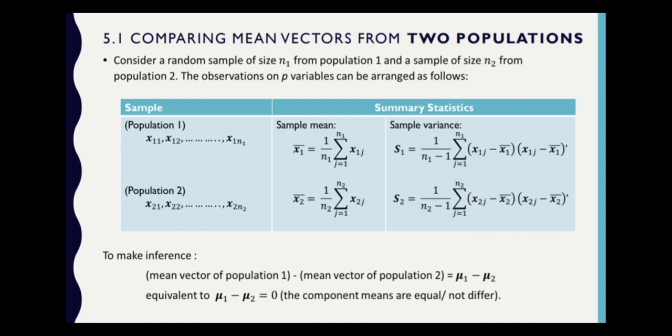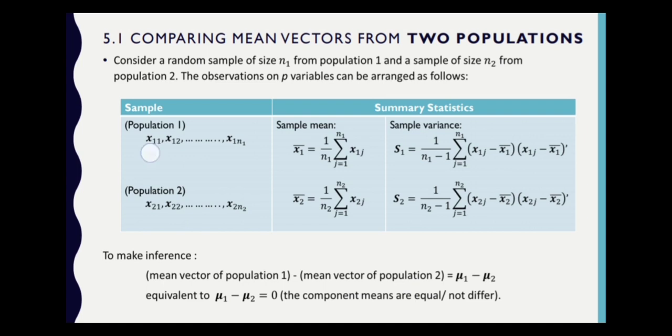Okay, let's say here population pertama, the first population, we will have x11 until x1n1, which means the first subscript denotes the population.